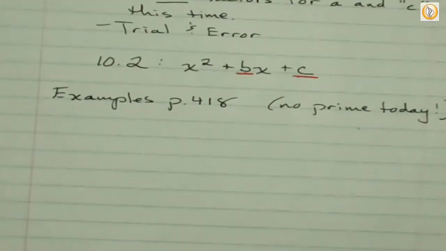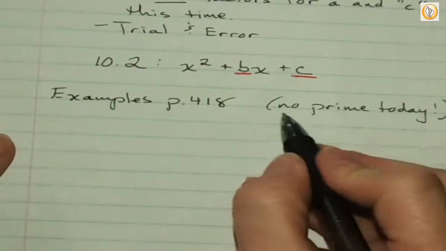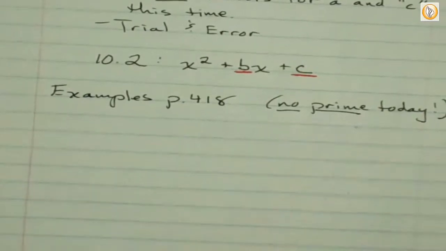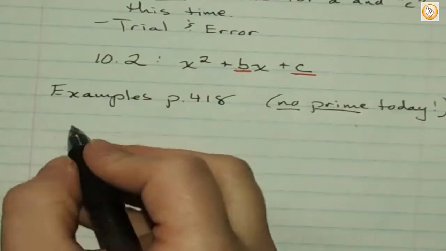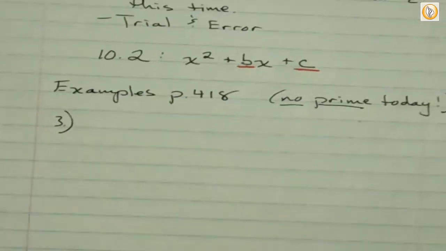And again, I will have students that will write prime as an answer even though there's not going to be any prime today. No. Okay, so there won't be any prime today. So let's see, everyone got their book open. Let's look at number 3. I don't have a whole lot of notes because we're just going to do a bunch of examples.